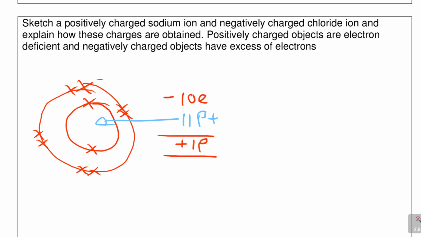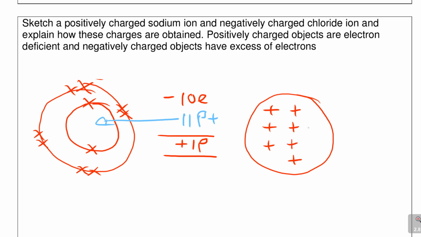There is a positive charge which is contributed by an extra proton. So if I'm to take this back into that sketch, suppose this is a ball, I'll have positive 1, 2, 3, 4, 5, 6, 7, 8, 9, 10, 11.